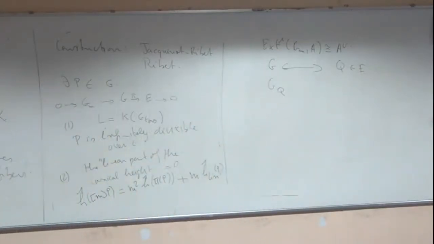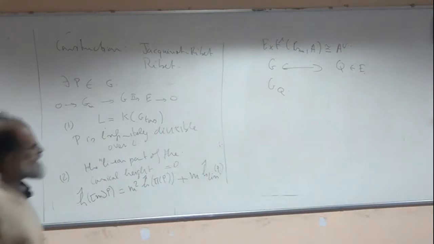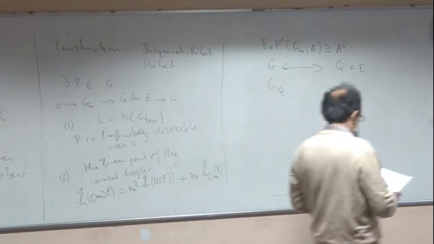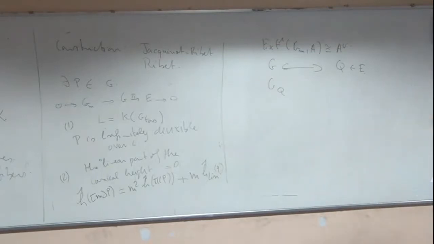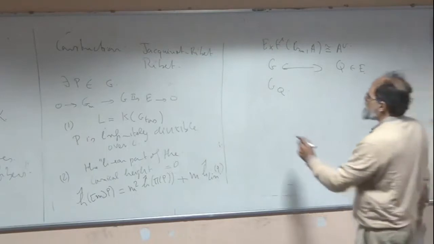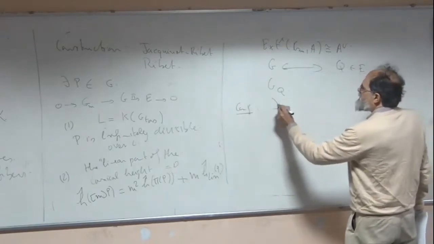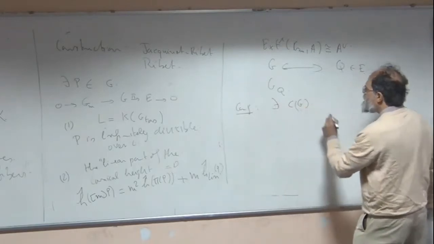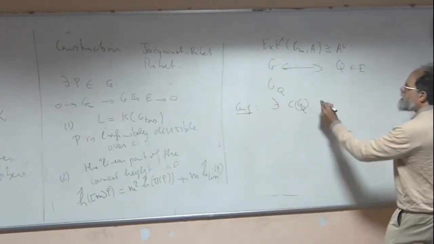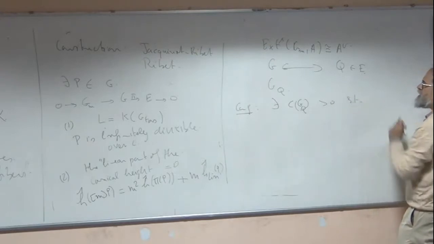Okay? And you can do it, of course, for any extension of an abelian variety by a torus, attached to a point in the dual. Okay? So since the time is running short, let us just take the statement for extensions by elliptic curves. You just assume, so there exists a positive constant C(G, Q), such that the following is true.